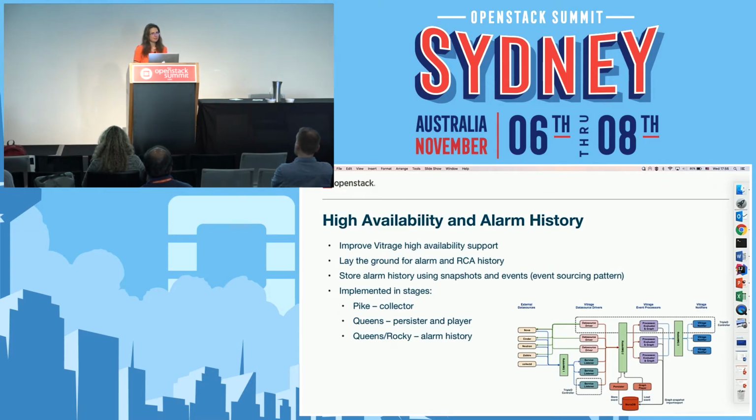And the next phase is to really support alarm history, because storing the history is not enough. In order to show it to the user, we should do two things. One is to have a copy of the graph. I mean, we have the current graph that keeps getting updated, and we need to have a different graph for, say, last week. If you would like to see what the state of the graph was last week and what the root cause was, we will construct a different graph for that.